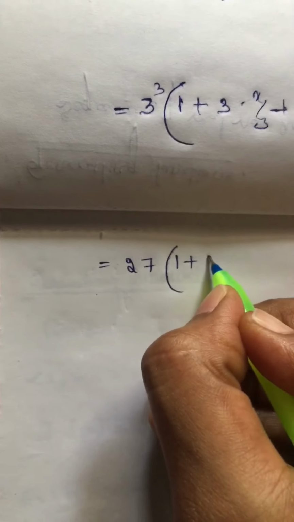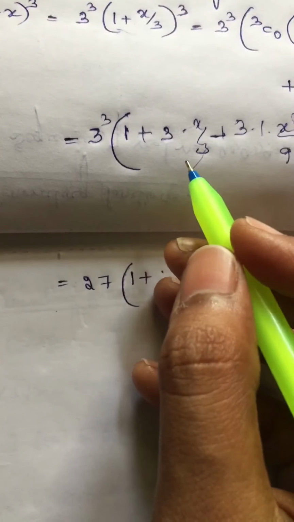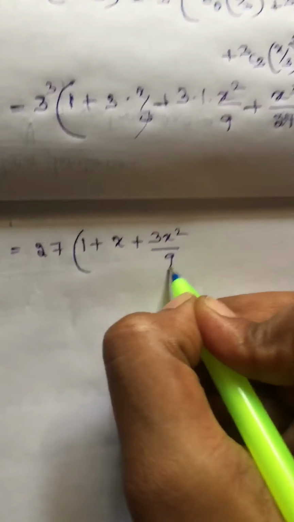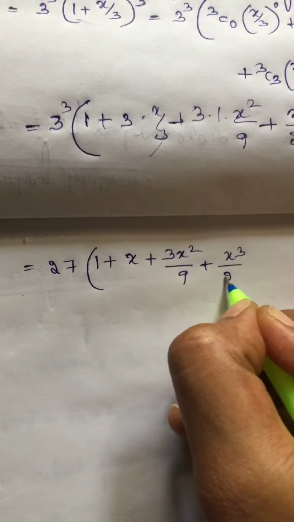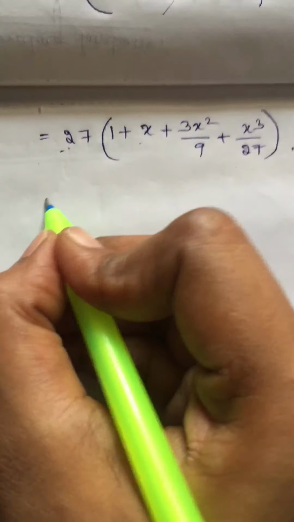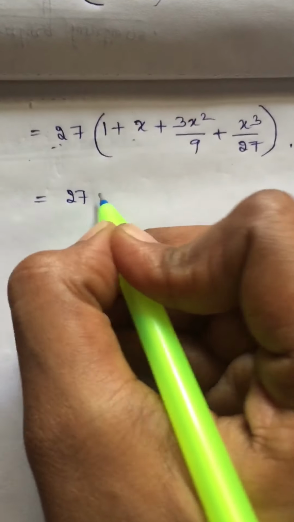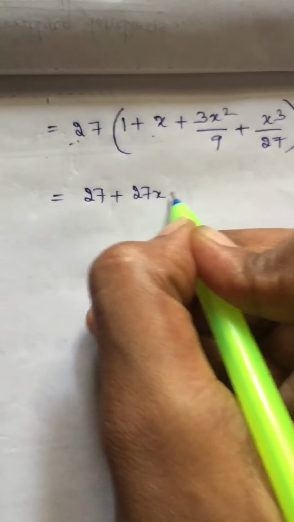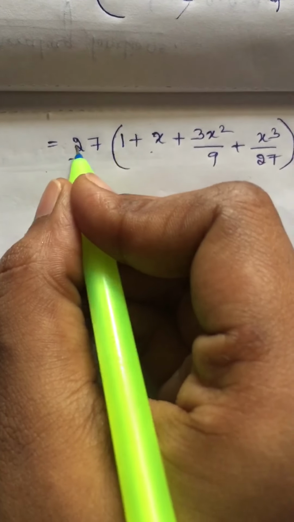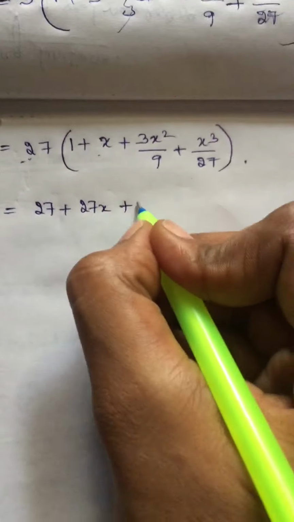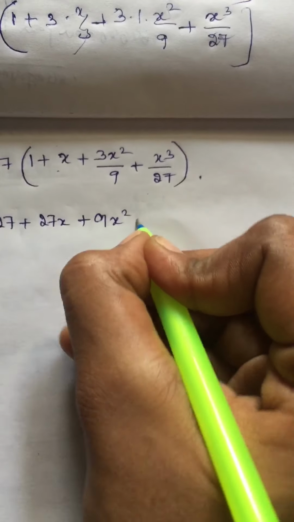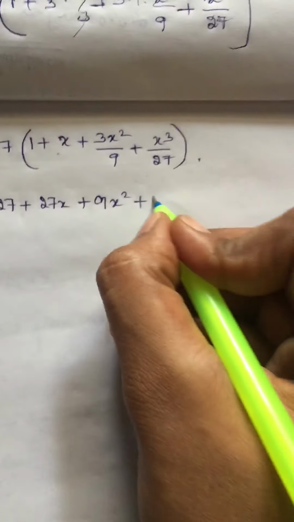Now multiply the 27 with the inner terms: 27 plus 27x when the 3 is cancelled. We get 9 multiplied 3 times, so 9x square, and the 27 gets cancelled.